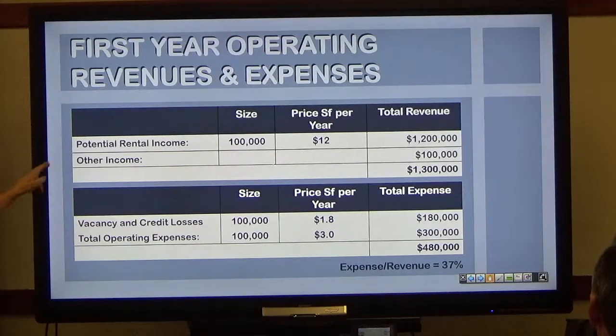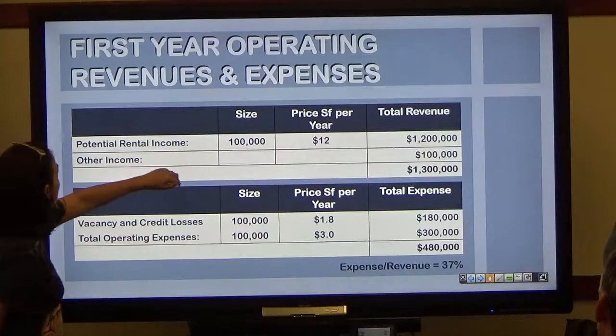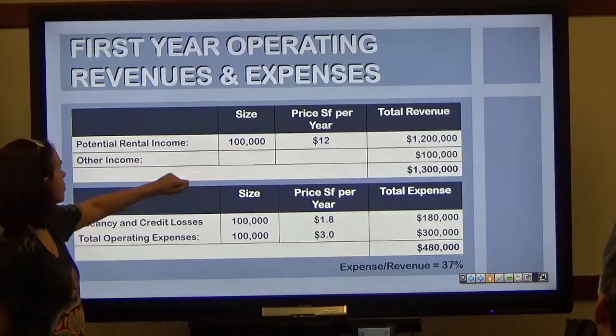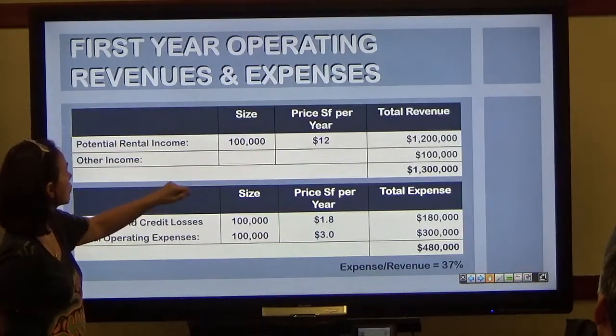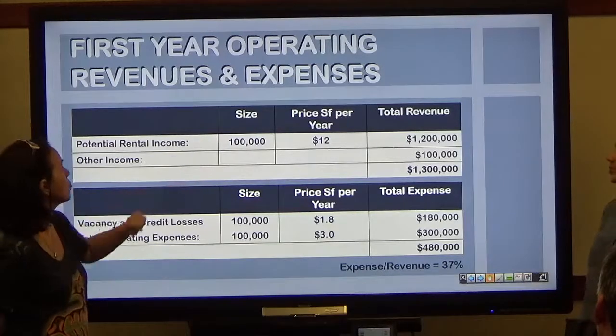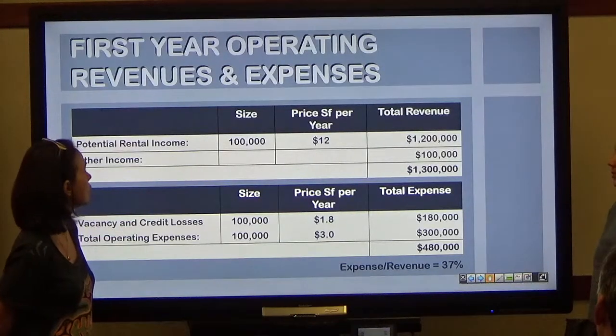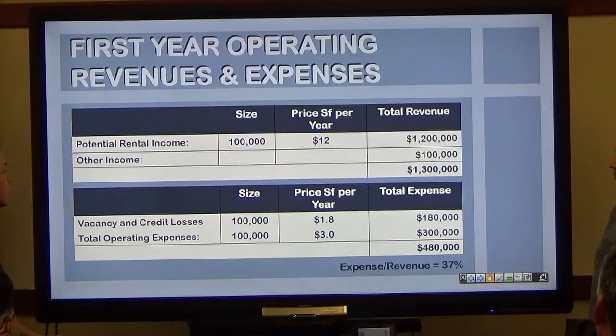First we calculate the potential gross income, the PGI: 100,000 square feet at $12, and the other income, 100,000, give us a revenue of 1,300,000.